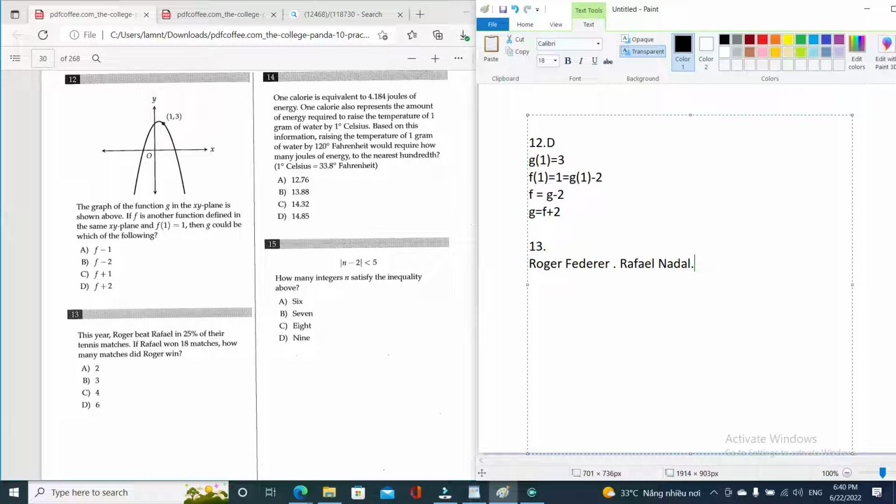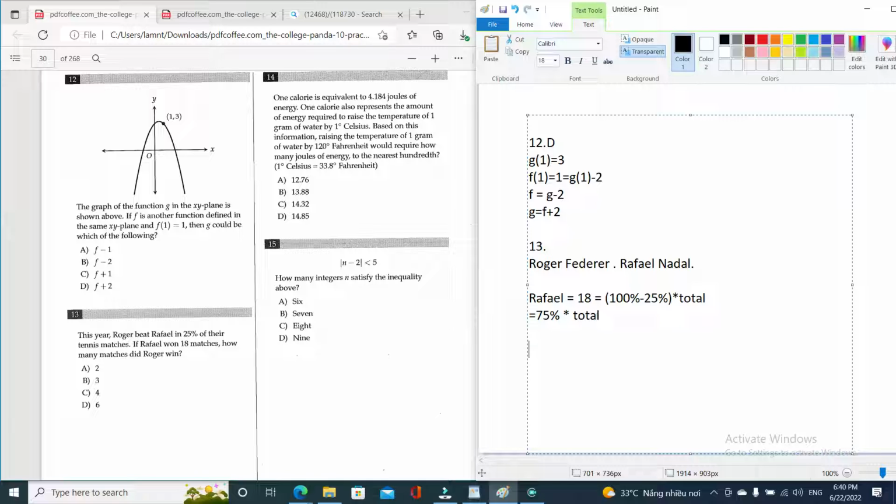Roger beat Rafa in 25% of their tennis matches. If Rafa won 18 matches, so Rafael is equal to 18. That's actually 100% minus 25% of the total, so that is 75% of the total.